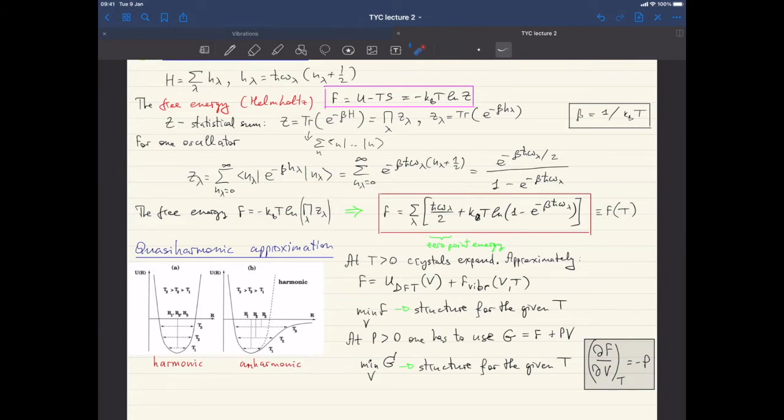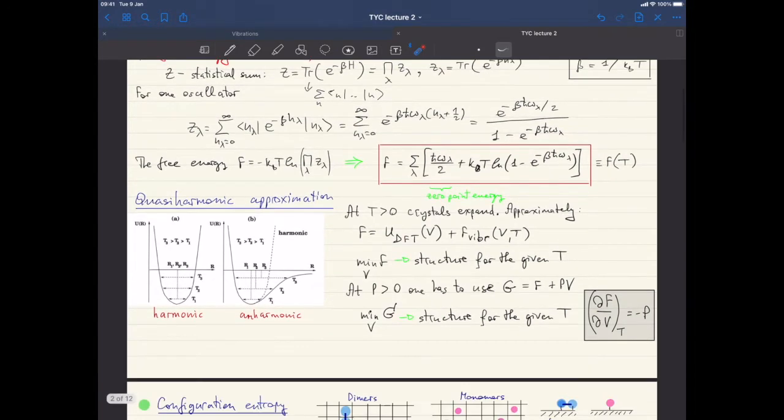Therefore, if one adds vibrational free energy contribution to the density functional theory energy, the free energy calculated this way would depend on crystal geometry parameters and the temperature.